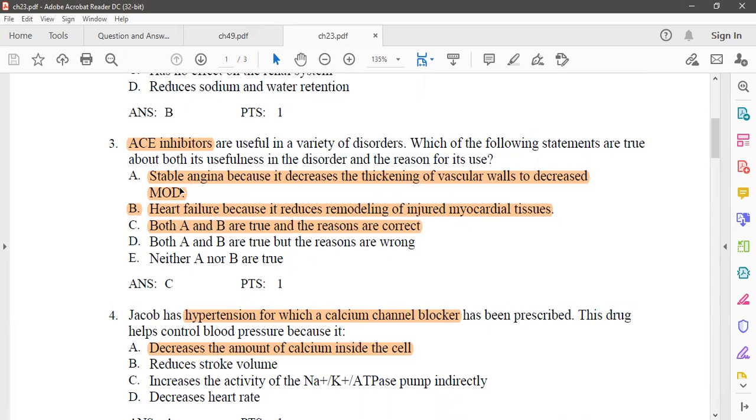Why? Because of stable angina, because it decreases the thickening of the ventricular wall. How do they decrease it? Because they decrease the demand of oxygen to the tissue. And heart failure, because it reduces the remodeling of injured myocardial tissue. So both are helpful for the patient.